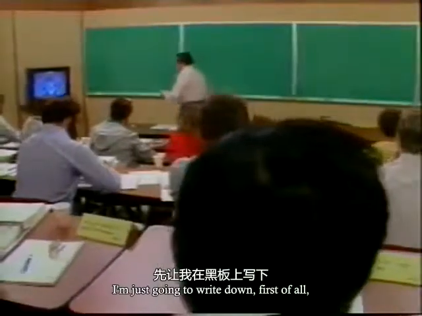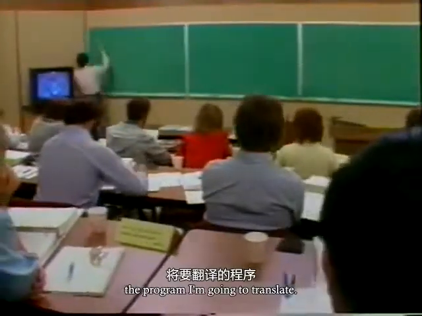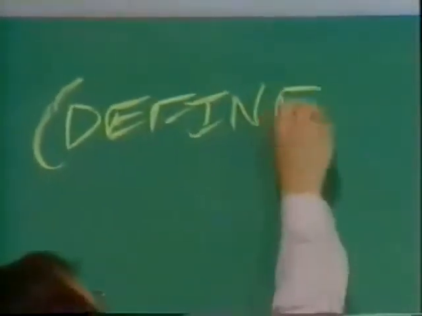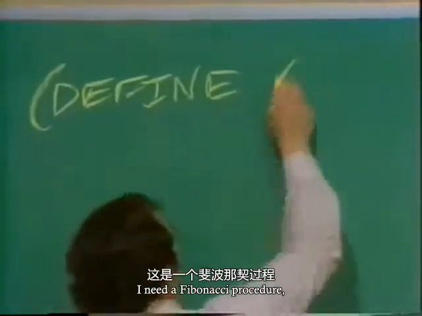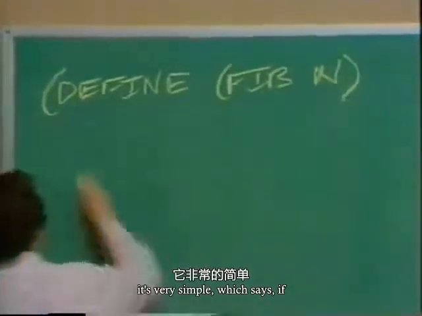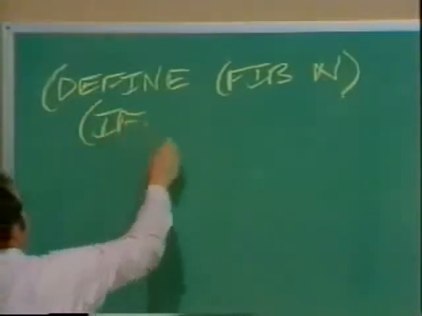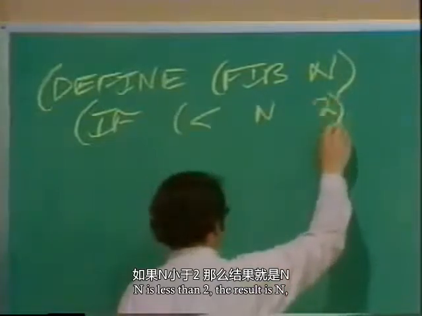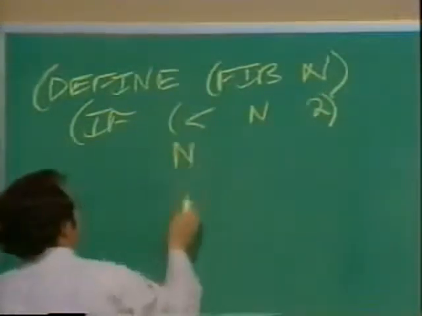So let's see. I'm just going to write down, first of all, the program I'm going to translate. I need the Fibonacci procedure. It's very simple, which says if n is less than 2, the result is n.